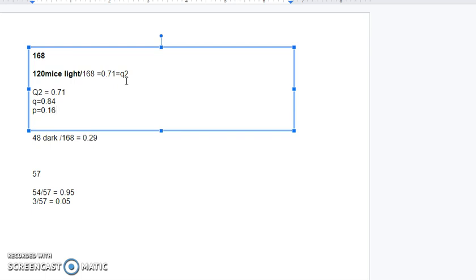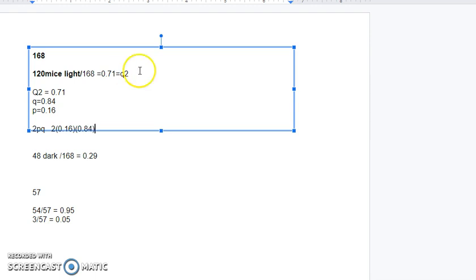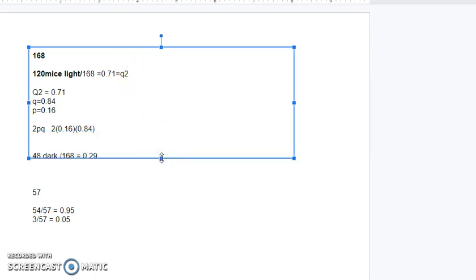So now when the question asks for the heterozygotes, we're going to go 2pq, which is 2 times 0.16 times 0.84. And if we do the math for that, that should give us our heterozygotes. And we find that the frequency of heterozygotes is approximately 27%.